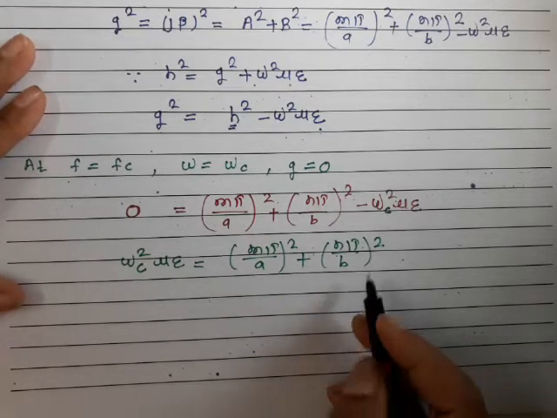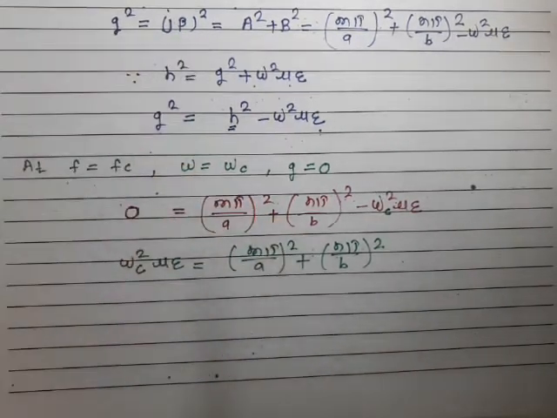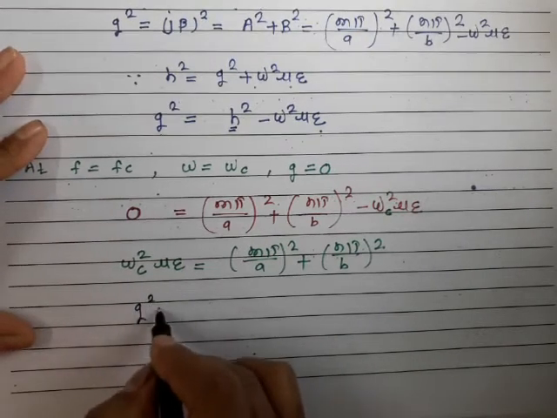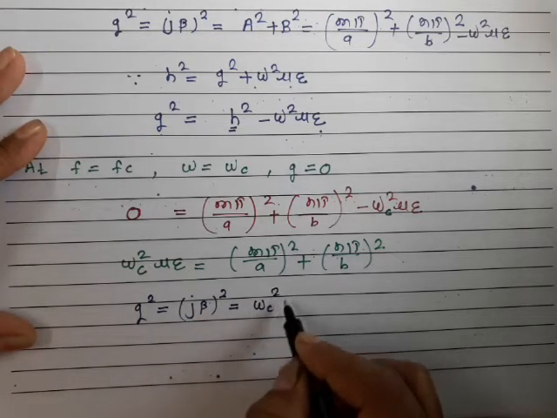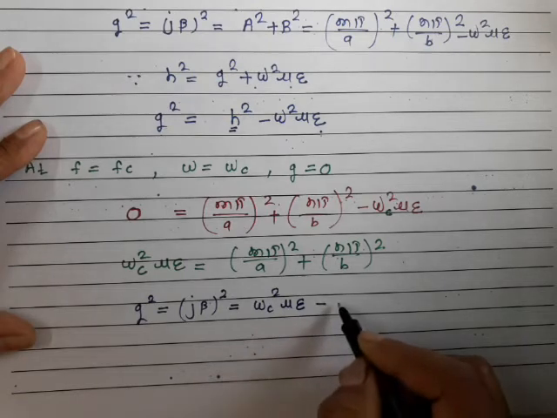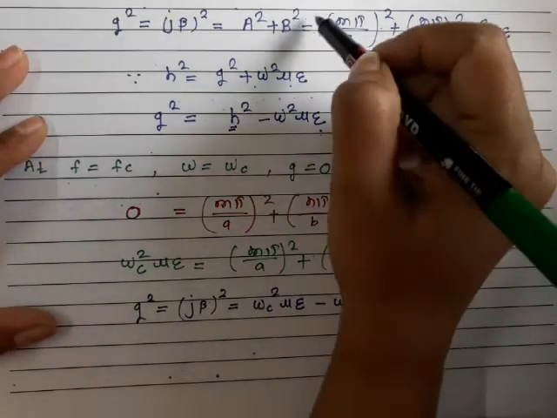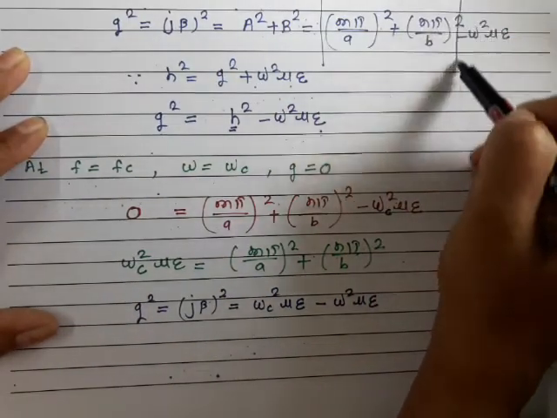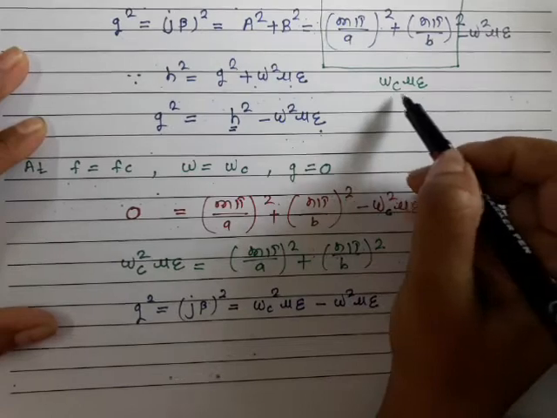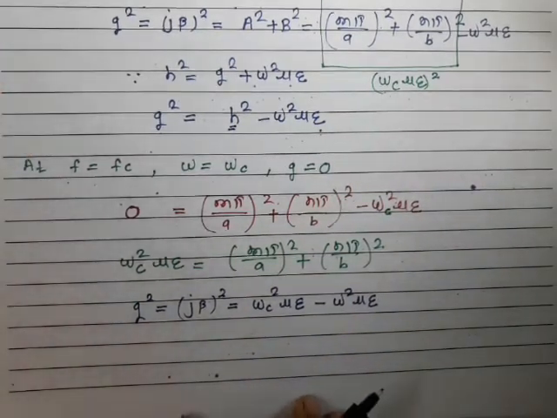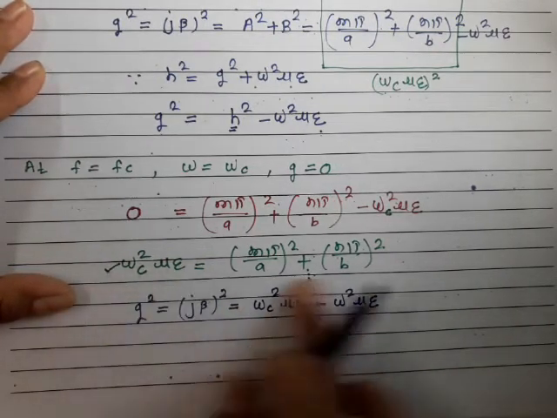We have already seen previously that gamma square is (j beta) square. So I'll put this here: omega c square mu epsilon minus omega square mu epsilon, because this condition is at the cutoff frequency.